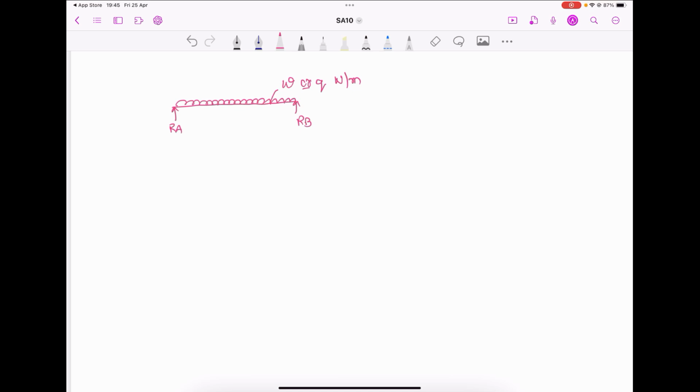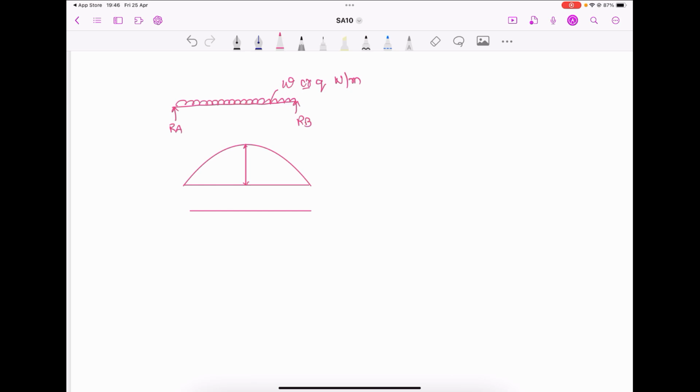Then the bending moment diagram will be like this. It will be maximum at the center. Don't worry about the sign convention now. Try to understand what I am explaining.